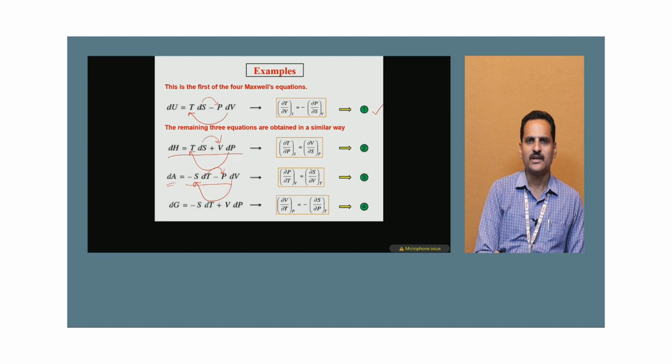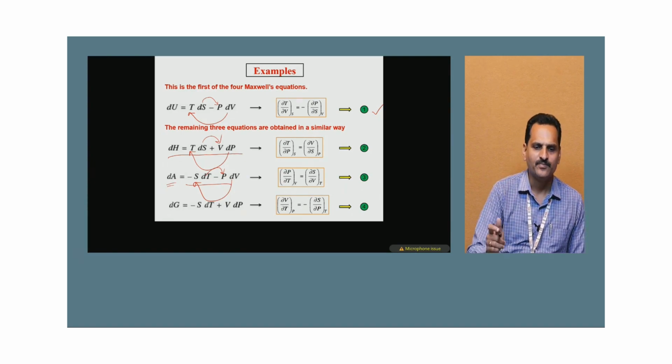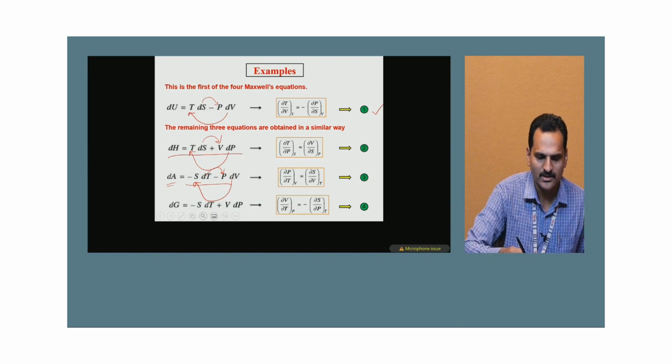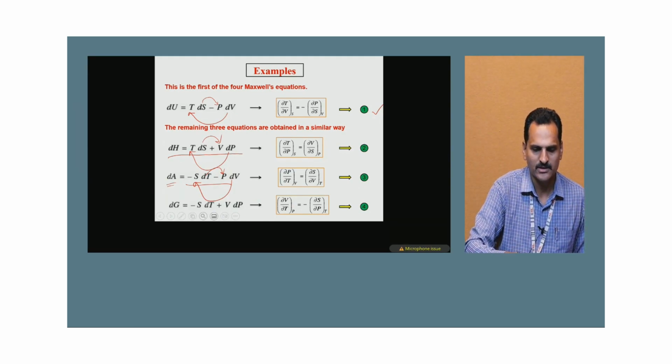Similarly, now we can write the fourth Maxwell equation, which is related to Gibbs free energy. The change in Gibbs free energy is equal to minus SdT plus VdP.